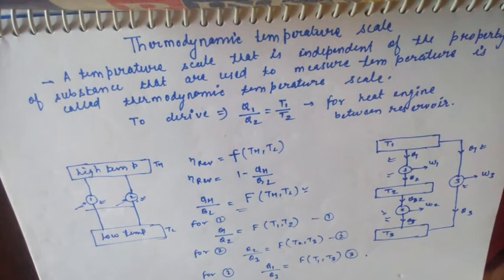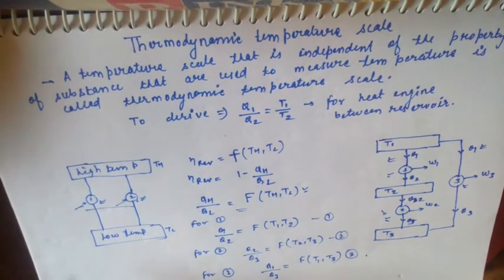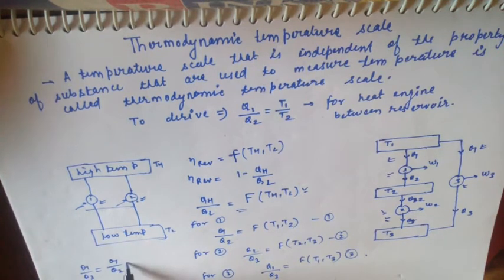Now we can see that this F(T1, T2) can be related. We can write Q1 upon Q3 is equal to Q1 upon Q2 multiplied by Q2 upon Q3.